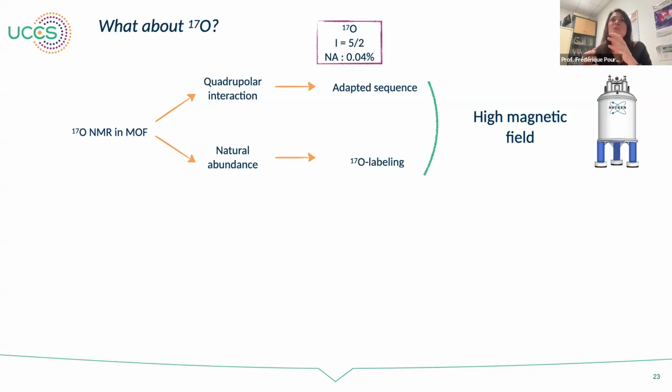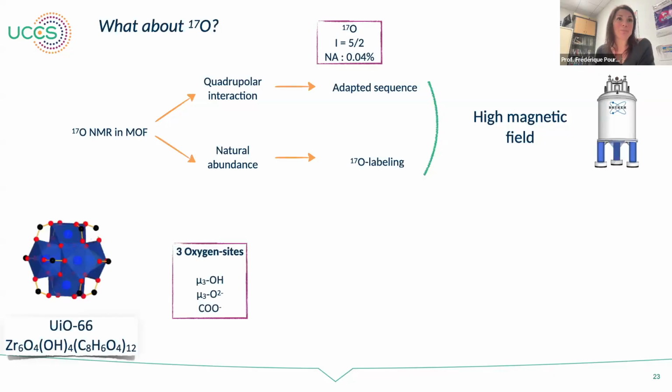And so that's why we will show you how we did enrich the samples. And as soon as it's a quadrupolar nucleus, you need to use a high magnetic field to record the sample.